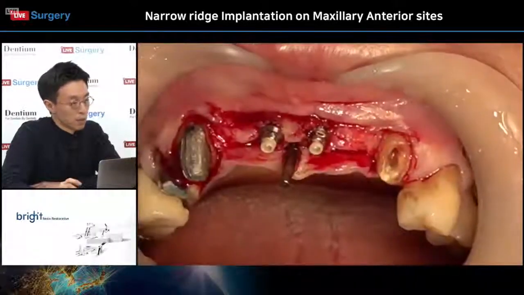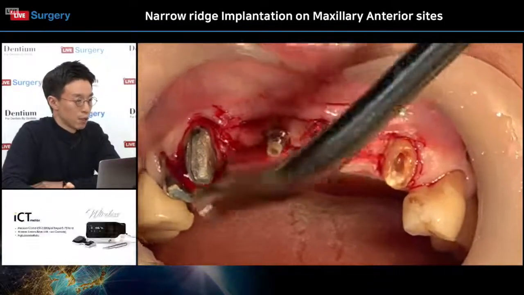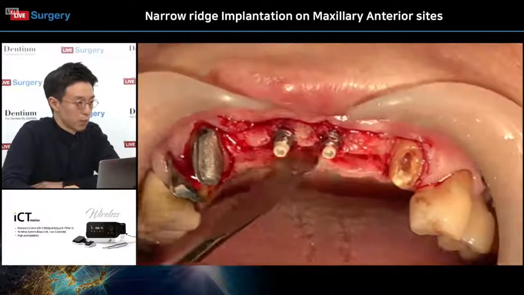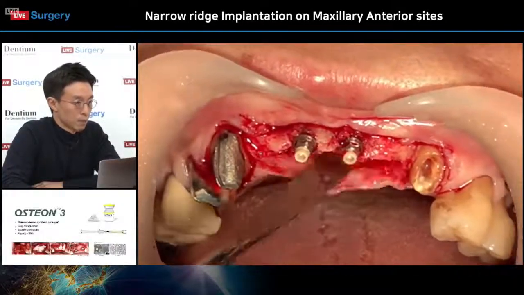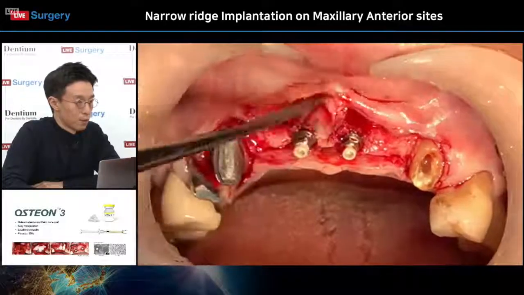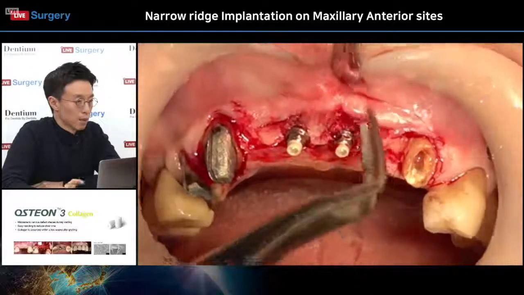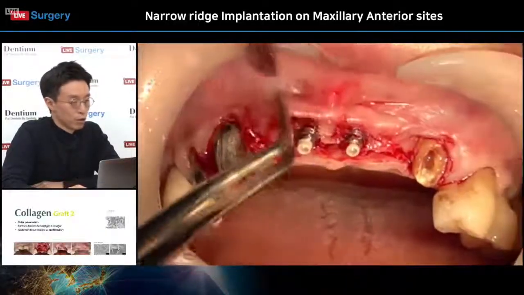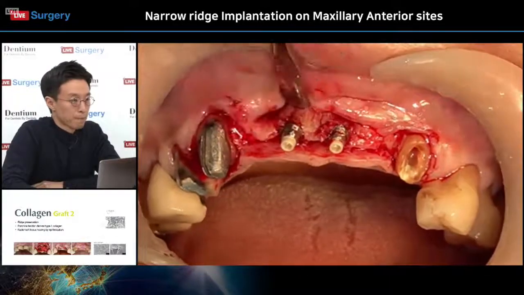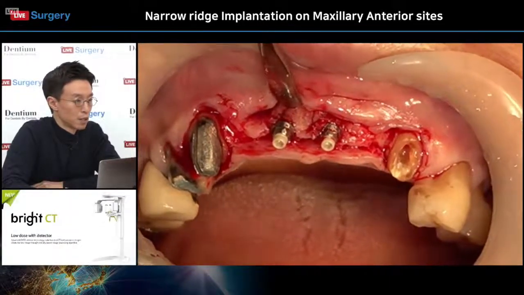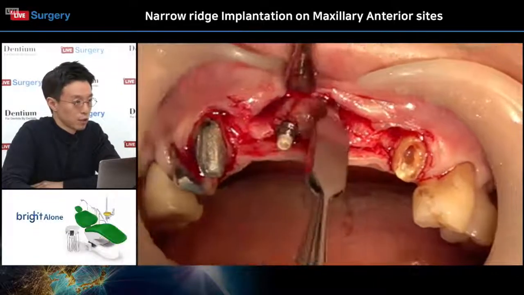We can place 2.5 or 3.0 tissue level implants at the anterior side. The 2.5 bright tissue level implant is very useful to overcome a severely narrow ridge. The fixtures were installed with 50 RPM and 70 Newton.